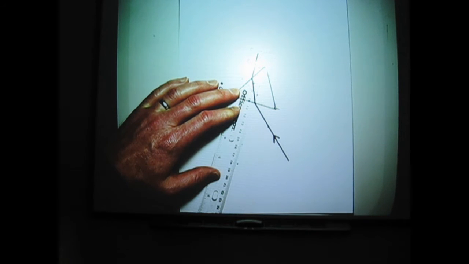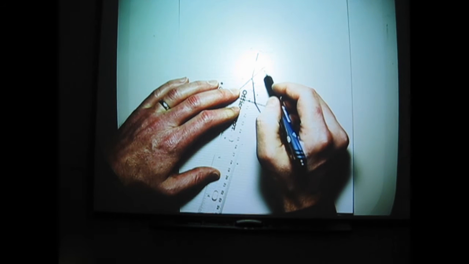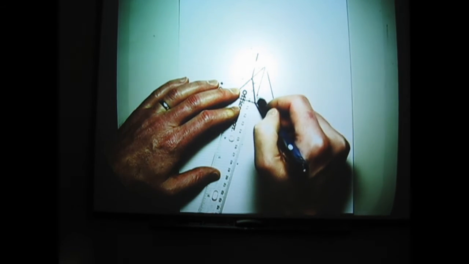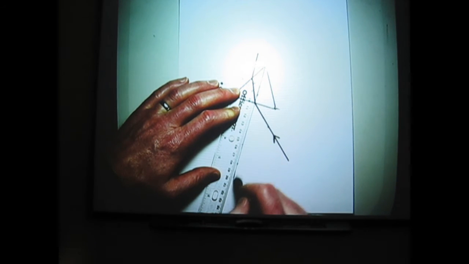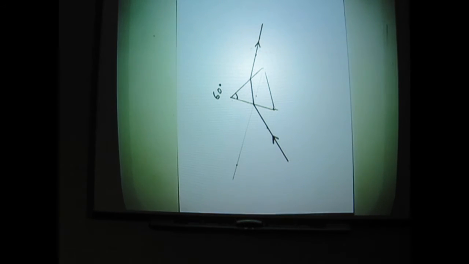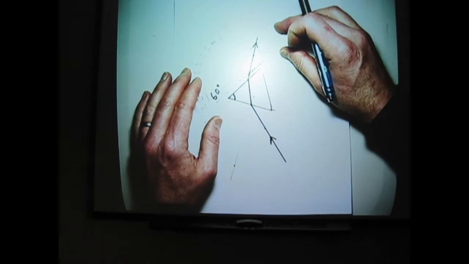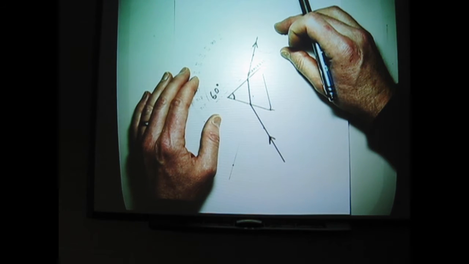I'll draw this a little bit lighter so you can see it. So something like that. Okay, and then I'll do the same thing for the other face. So again, I'm going perpendicular to the prism.